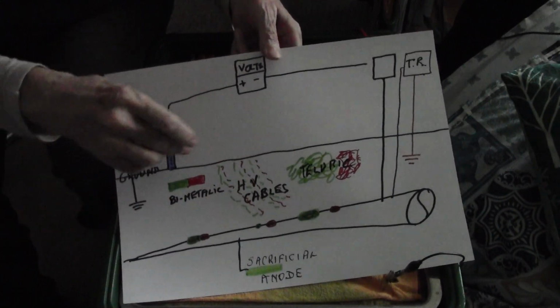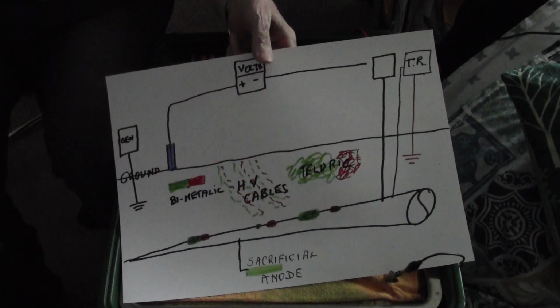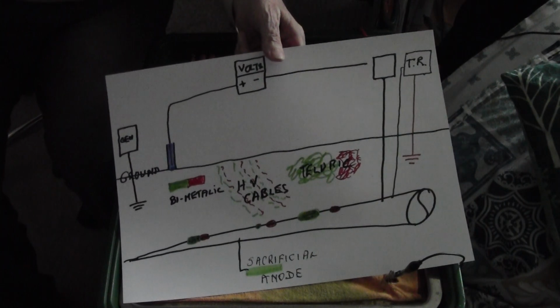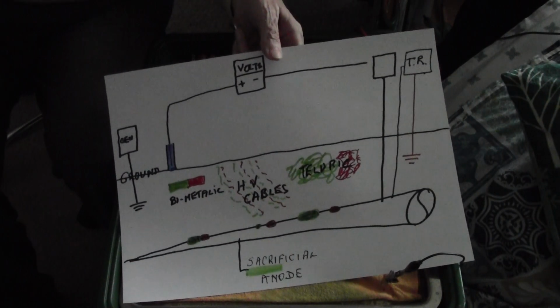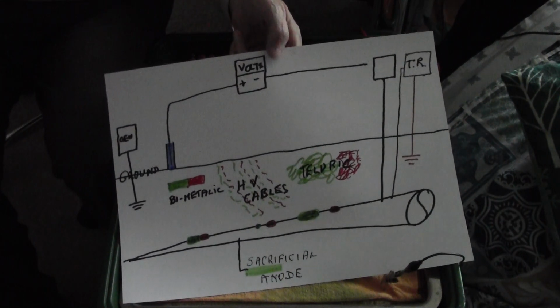So if you have your half cell put over an area that is affected by high voltage cables, you will see an AC charge, and that will cause differences in the readings on your meter. But that may or may not affect the pipeline and pipeline corrosion.